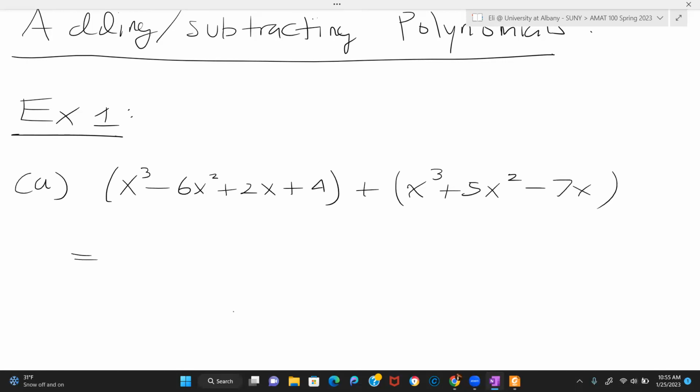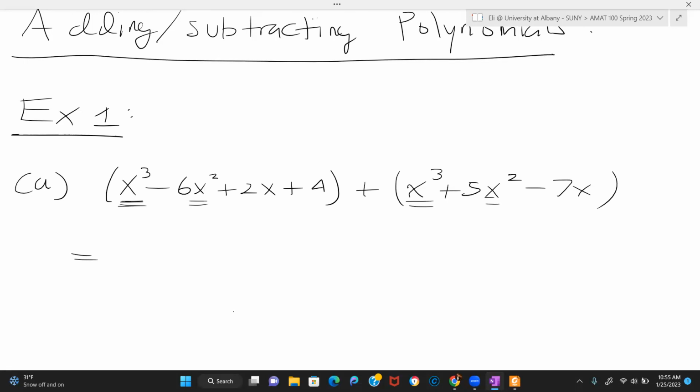I'm going to include more steps than probably necessary, but I just want to illustrate all the properties I'm using for variables now. The first step is to just put powers of x together. We're going to use the commutative and associative property of numbers to put the x cubed with this x cubed, this x squared with this x squared, and so on.